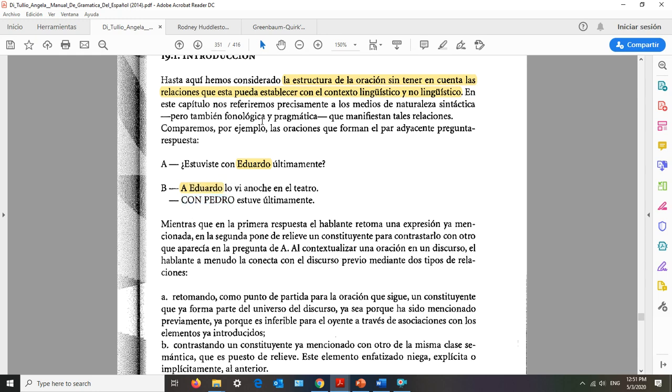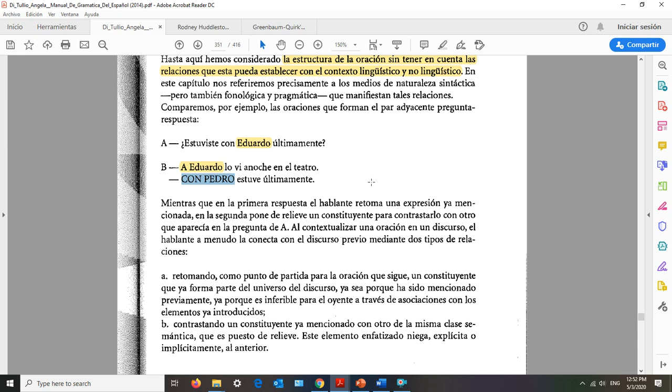That's why the phonologic nature is also mentioned here, because this is a question of prosody, being more emphatic, prosodically speaking, to signal the contrast and the information that we want the listener to have in order to correct the misunderstanding. It's not Eduardo but Pedro that I was with lately.